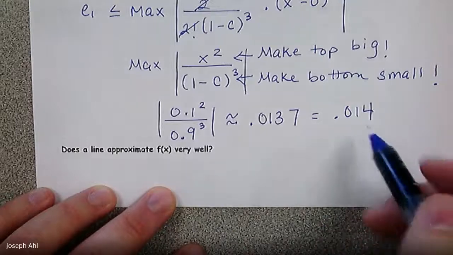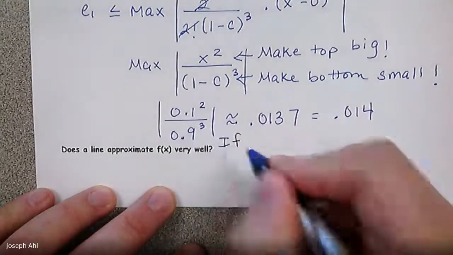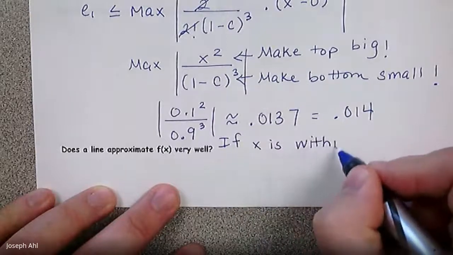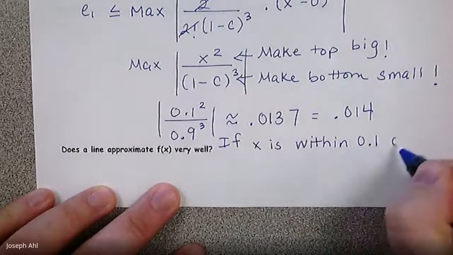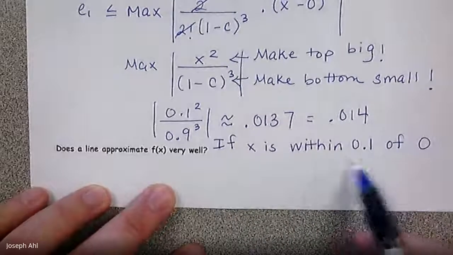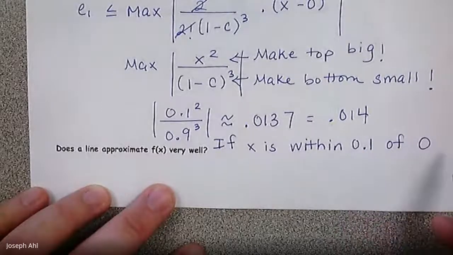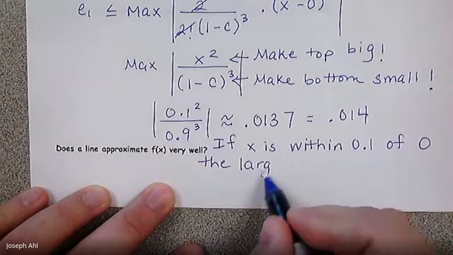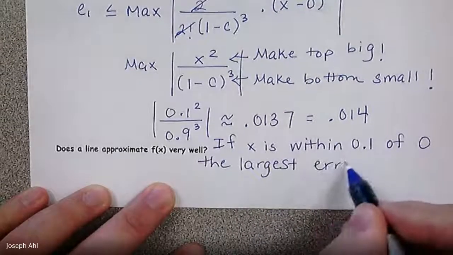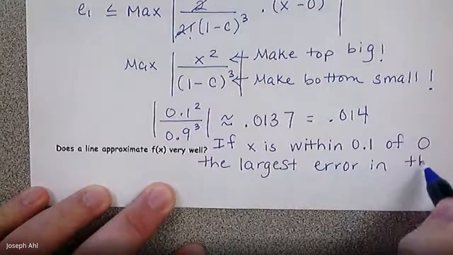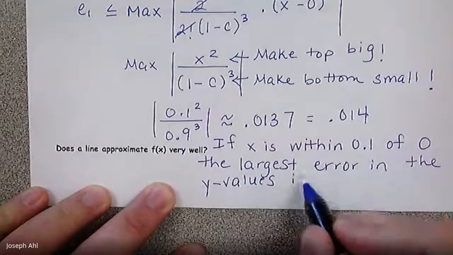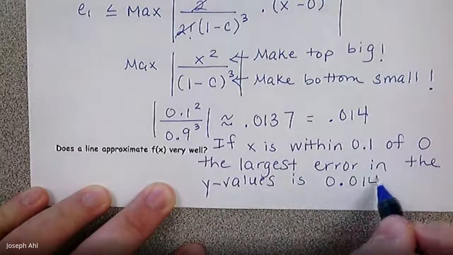So how do we interpret this error? If x is within 0.1 of 0, if we're within 1/10 of 0, the largest error in the y values is going to be 0.014.